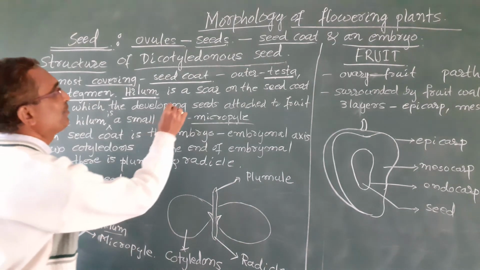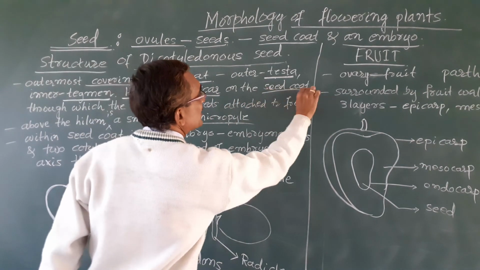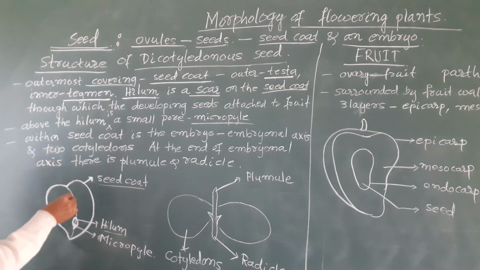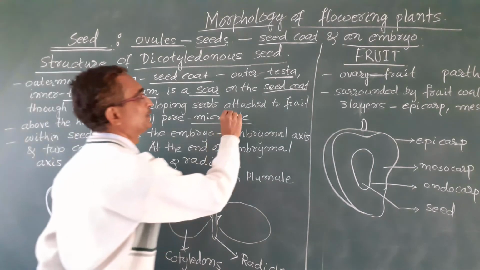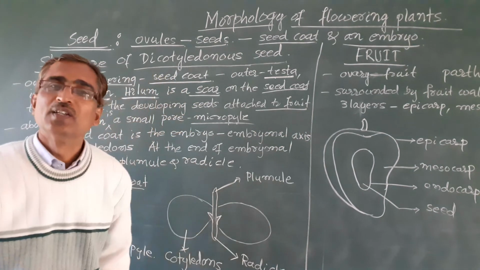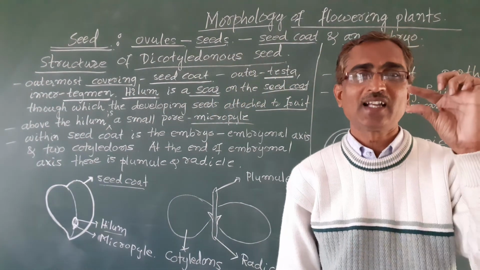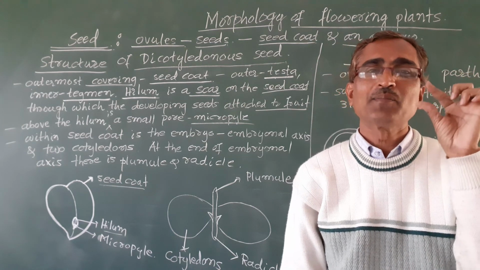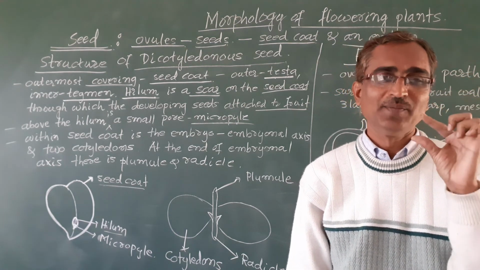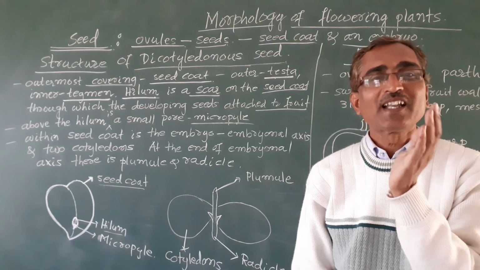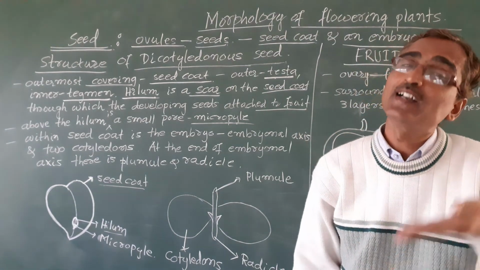So hilum is a scar on the seed coat, through which the developing seed is attached to the fruit.